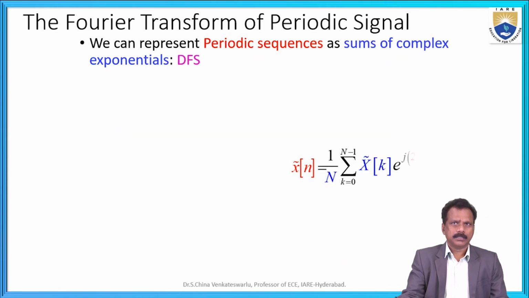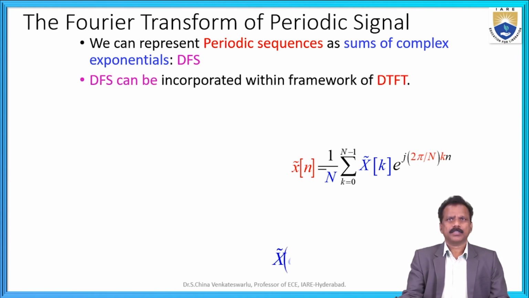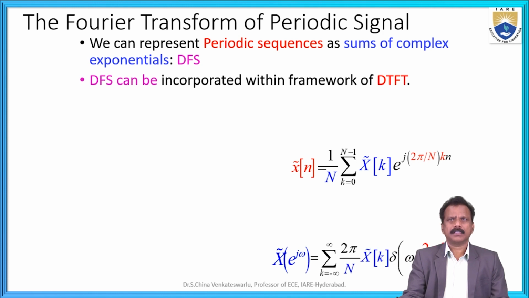Okay, so the Fourier transform of a periodic signal: we can represent a periodic signal as a sum of complex exponentials, the DFS. The discrete Fourier series can be incorporated within the framework of the DTFT.